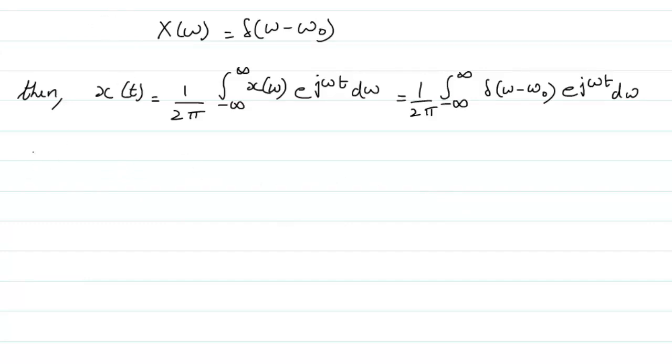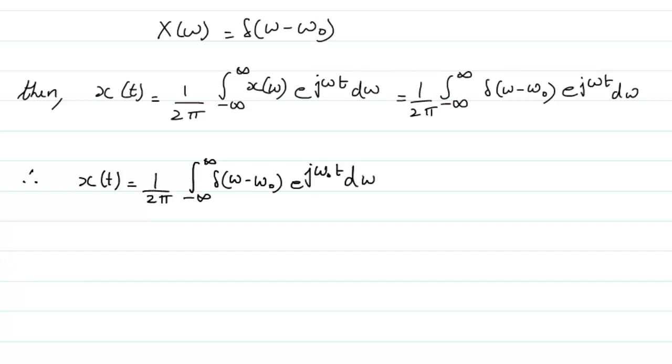Therefore x of t is going to be equal to 1 by 2 pi integral minus infinity to infinity delta omega minus omega naught into e raised to power j omega naught t d omega.